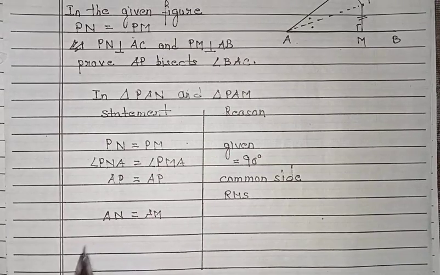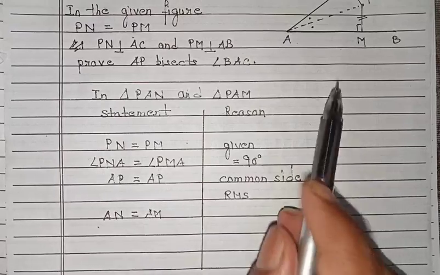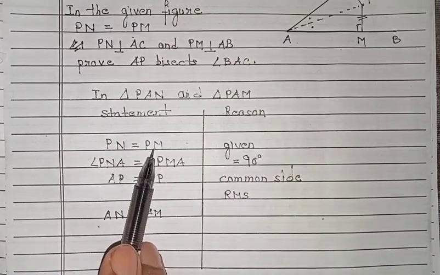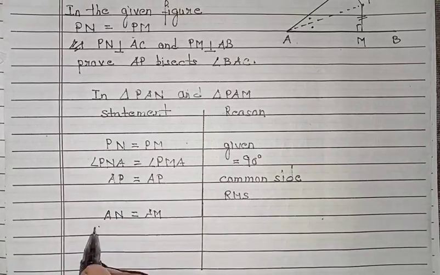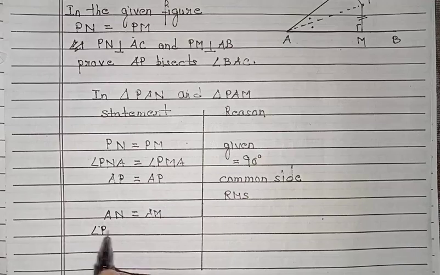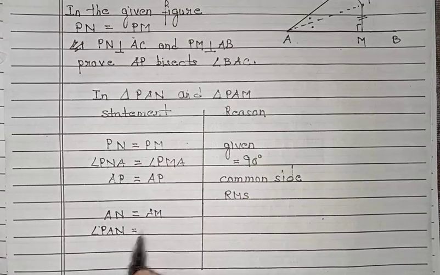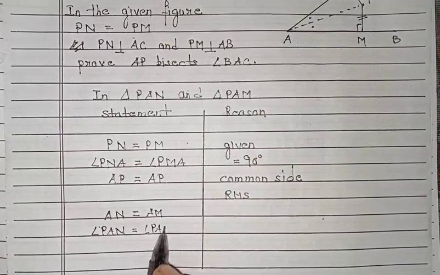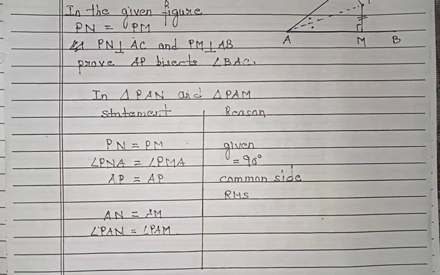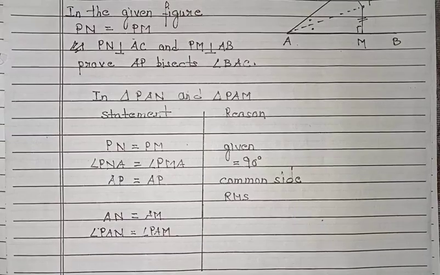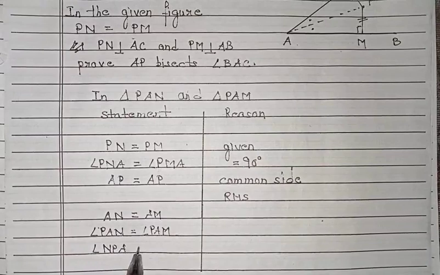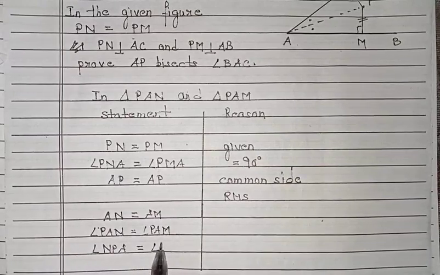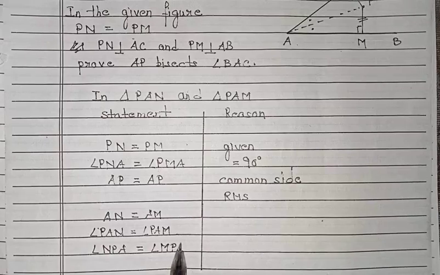Okay, next we can say the corresponding part. As you can see, these two sides are equal, so angles opposite to them will also be equal. So angle PAN is equal to angle PAM. And then we have the third angle, that is angle NPA is equal to angle MPA.